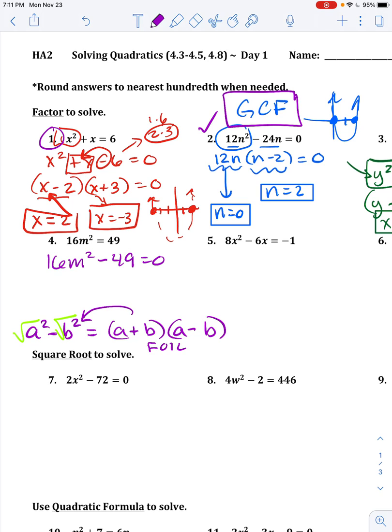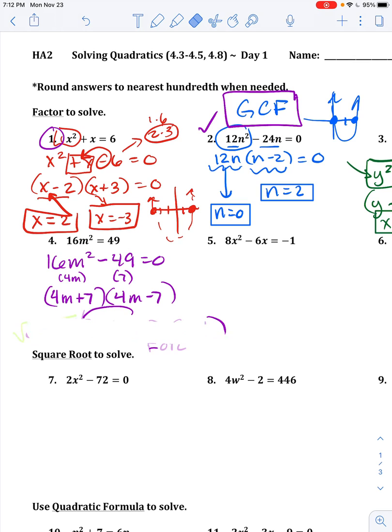So in this case, 16m squared is the perfect square of 4m, and 49 is the perfect square of 7. So those become my A and my B, and when I write out my 2 factors, I'll have 4m plus 7 and 4m minus 7.